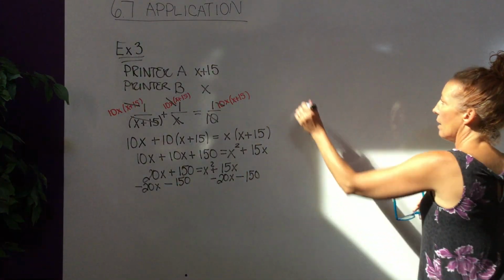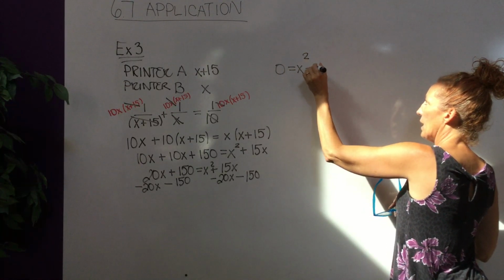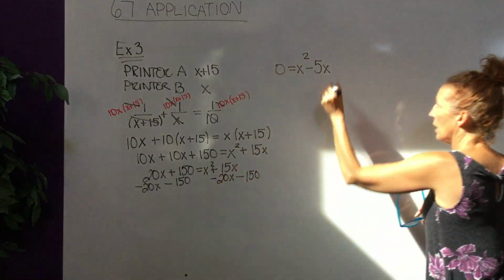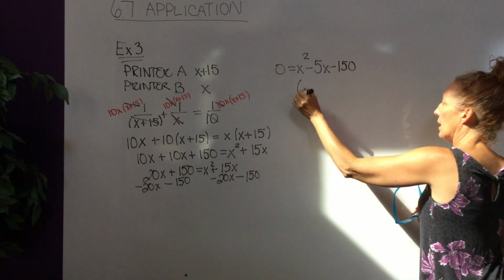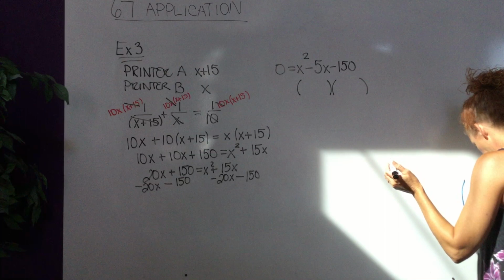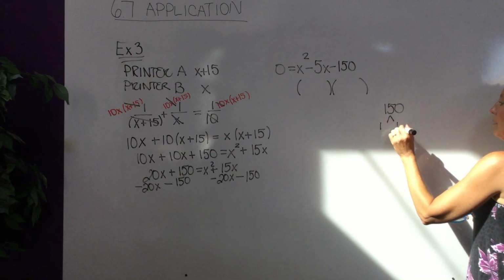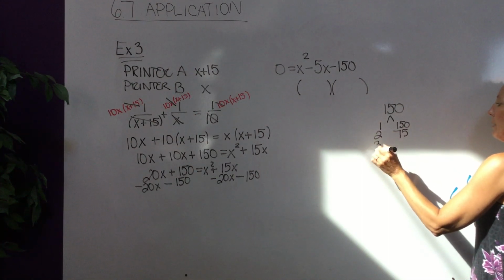And I end up with 0 equaling x squared minus 5x from the positive 15 and the negative 20, minus 150. And now I need to factor. So you can kind of list your factors of 150. Maybe you see it right away, but maybe you don't.